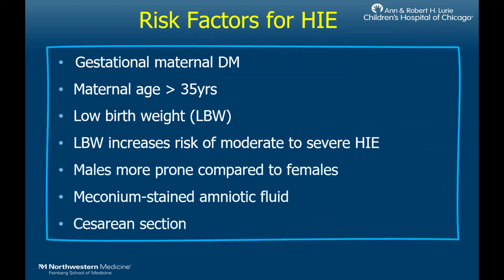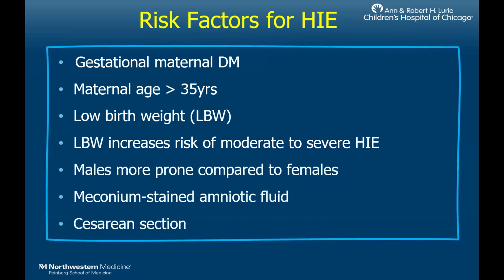And then when you look at the history, you want to also think about the risk factors for HIE. So HIE is more common in moms with gestational diabetes, in older moms of greater than 35 years of age, and in low birth weight babies. And these low birth weight babies also have an increased risk of the more moderate to severe HIE.